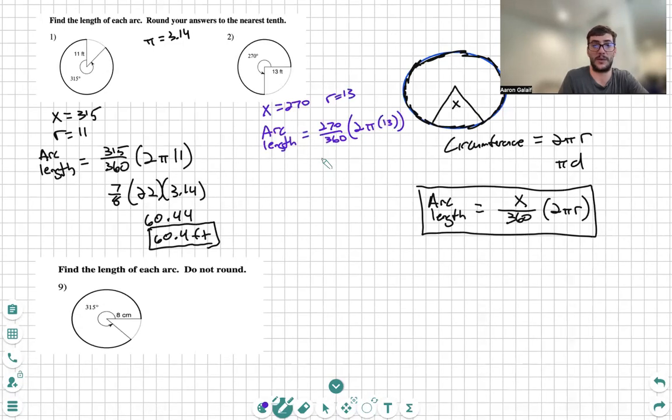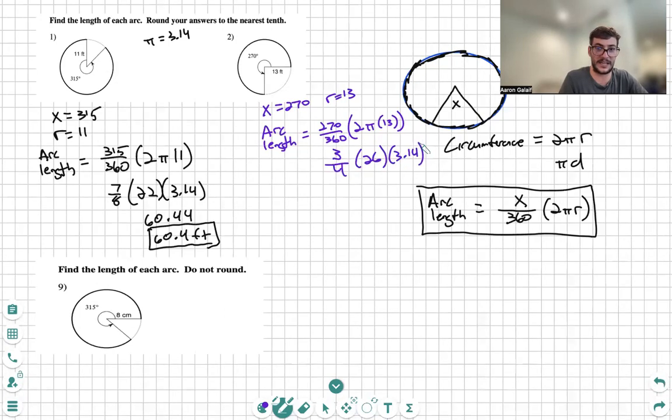That's it. 270 over 360 will simplify to 27 over 36, which simplifies to 3 over 4. 2 times 13 is 169 times pi. Oh, that's 13 squared. Just kidding. 2 times 13 is 26. I accidentally did 13 squared. 26 times, and then again for pi, we're going to use 3.14.